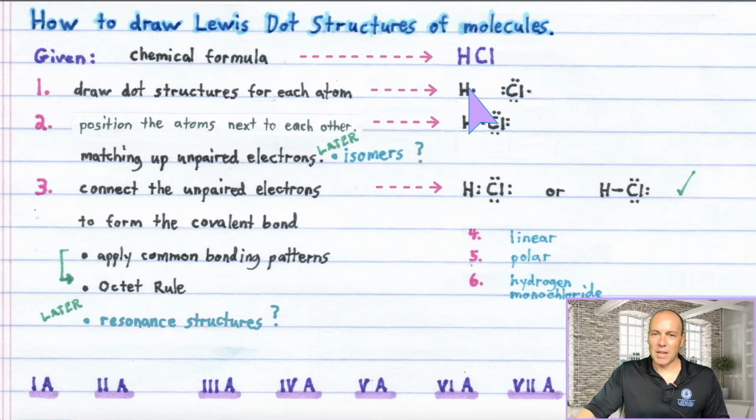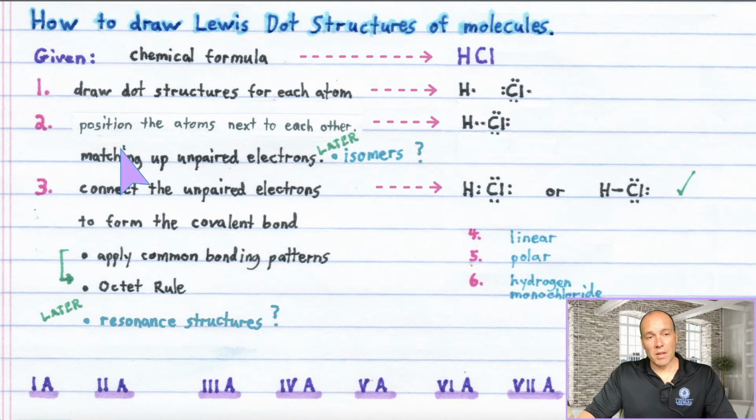These are kind of like puzzle pieces, and you need to fit these pieces together properly in order to complete the puzzle. So you move the chlorine and the hydrogen close to each other, and you match up any unpaired electrons. So you can think of rotating all of these valence electrons so that this one is now matched up with hydrogen, and there you go.